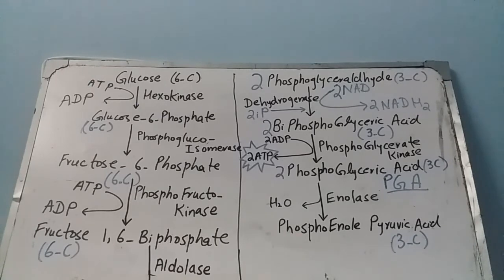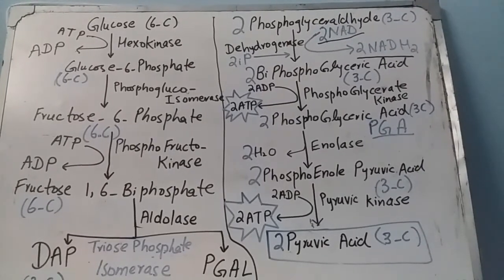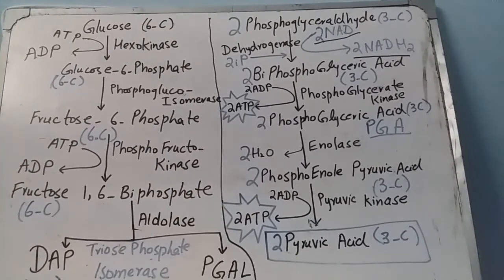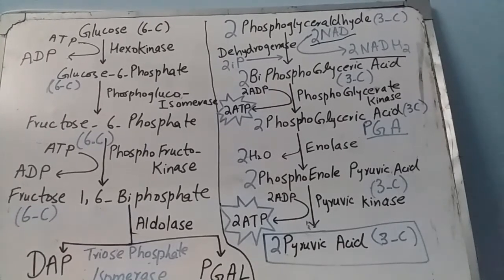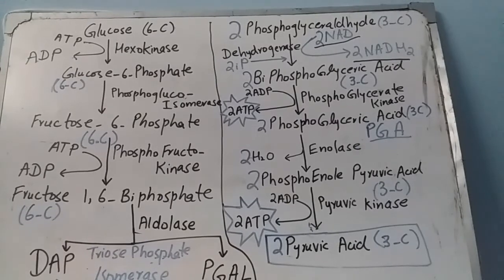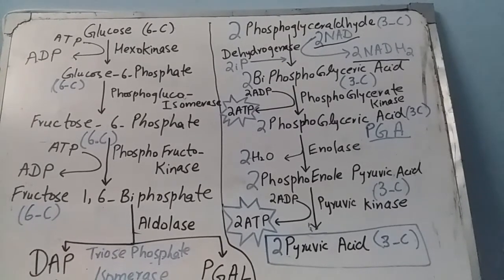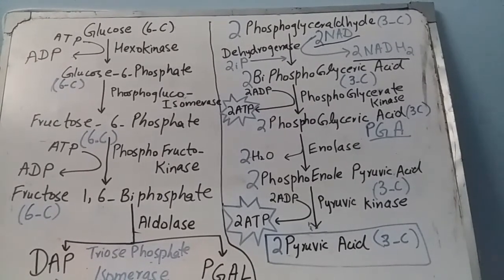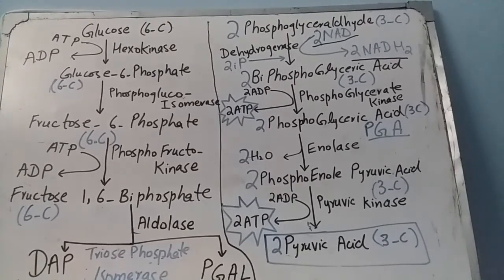In the next step, phosphoglyceric acid, PGA, loses a water molecule, and with the help of enolase enzyme, it is converted into phosphoenol pyruvic acid. In the last step, the phosphoenol pyruvic acid loses its phosphate group, and with the help of pyruvic kinase enzyme, it is converted into pyruvic acid, which is a 3-carbon compound.